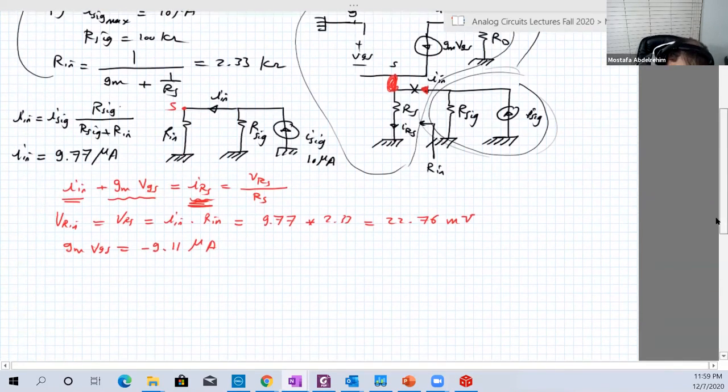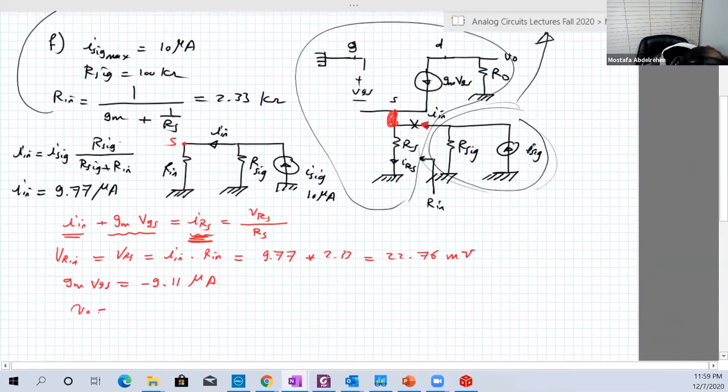And what is the output now? The output is equal to minus GM VGS. Here is the output. So it's equal to this current, which is flowing from bottom to up. So it makes a voltage drop positive, negative, opposite to the output.